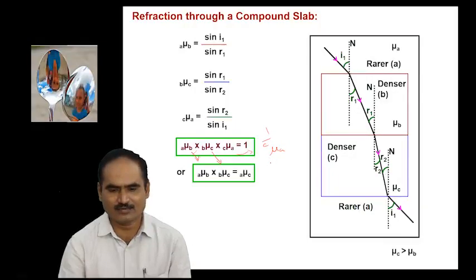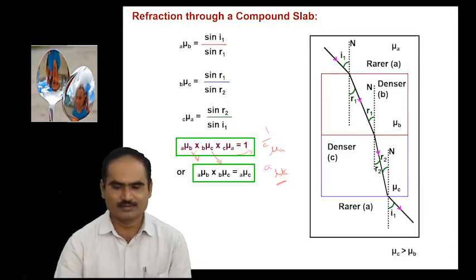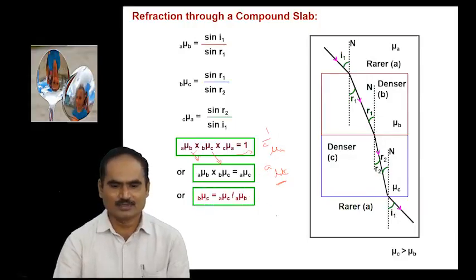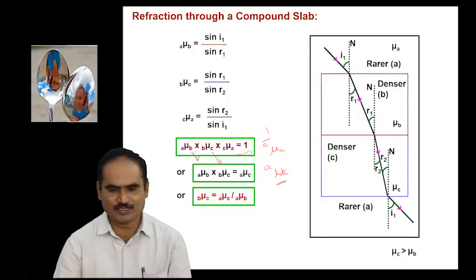But if you take the reciprocal, then you can write it as mu C with respect to A. Therefore, refractive index of C with respect to B can be written in this manner: refractive index of C with respect to A over the refractive index of B with respect to A.